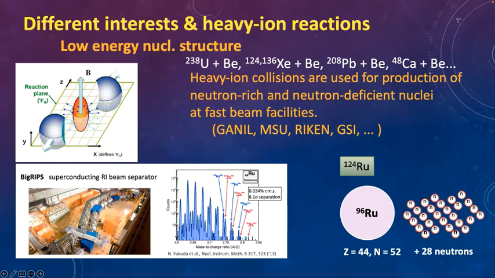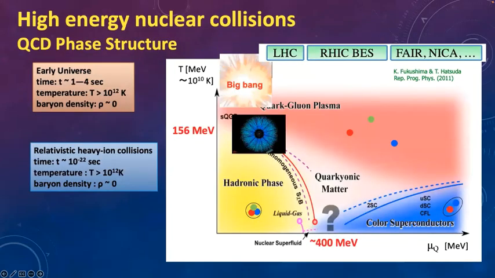For example, we have an additional 28 neutrons added using uranium fission. So this is the difference.